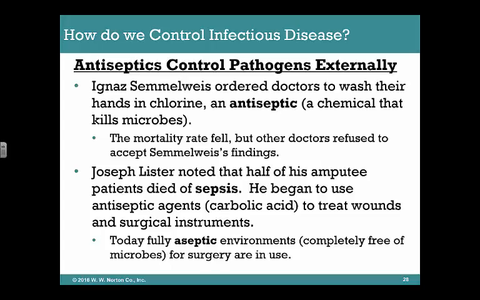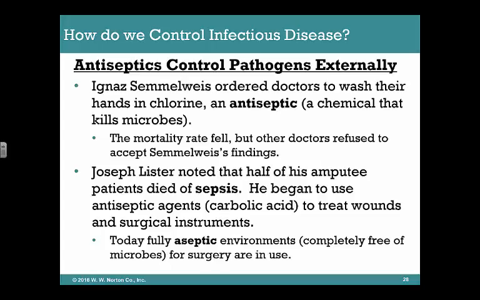So he began to use antiseptic agents directly on the skin of the amputee, as well as to pre-treat the surgical instruments in between using them from one patient to another. And he found a dramatic drop in the rate of death after amputation as a result of these simple steps.